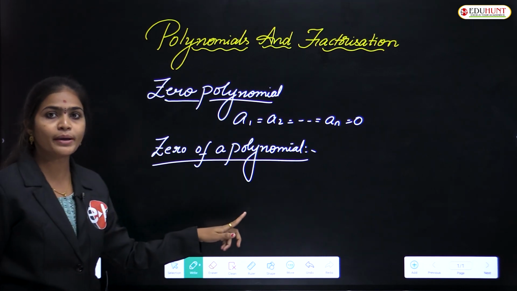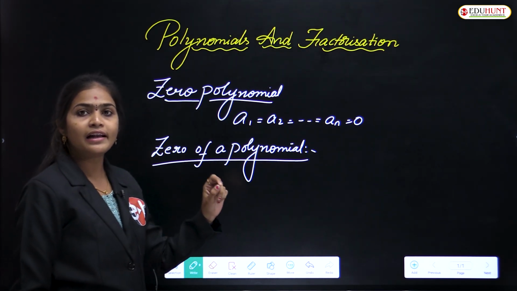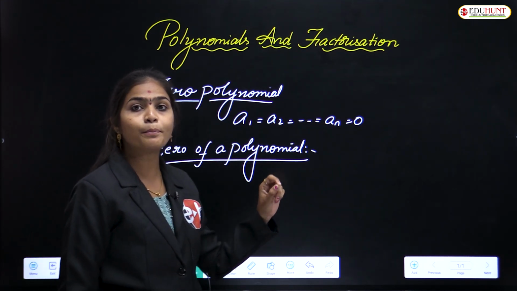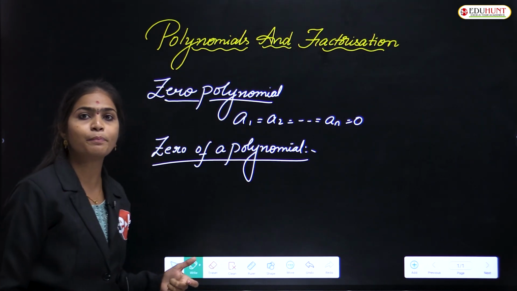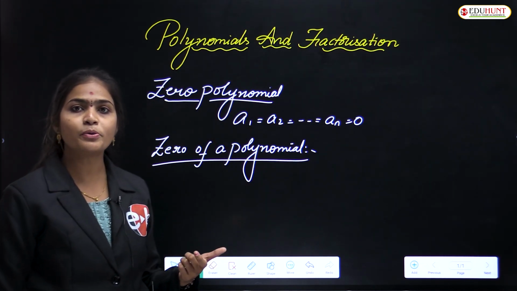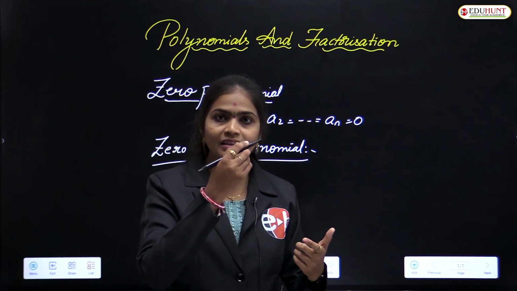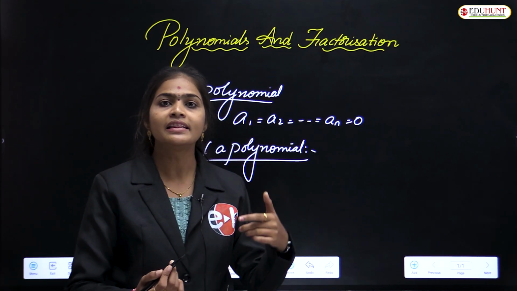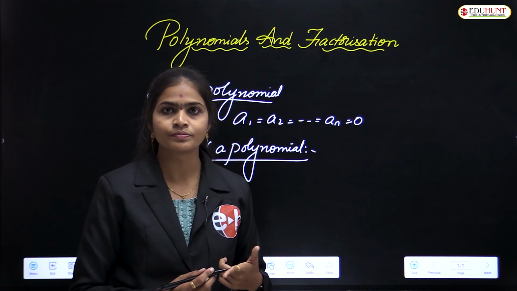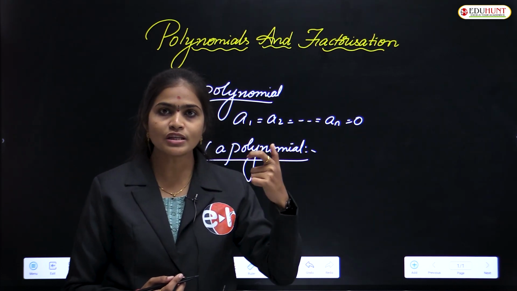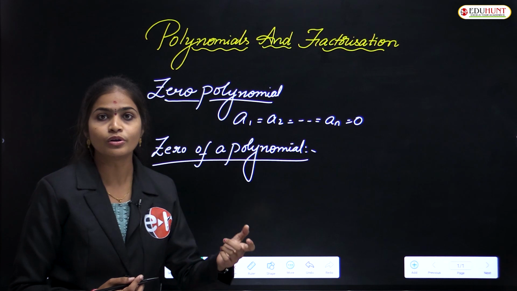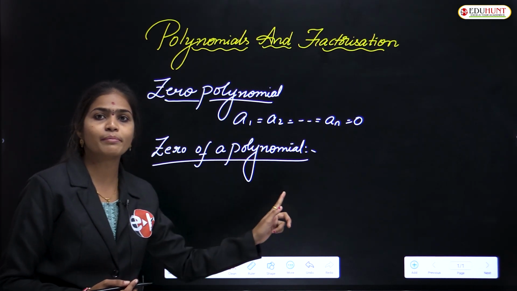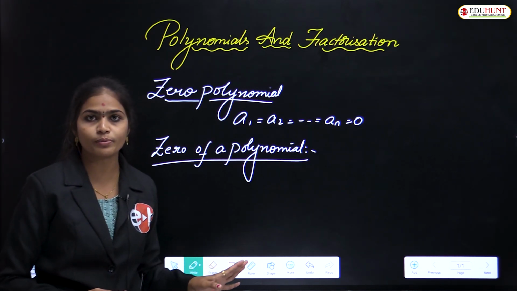Now zero of a polynomial means the possible values of the variables which satisfy the polynomial. Which satisfies the polynomial means after substituting that value in the polynomial, we will get its value as 0. Okay, so the values we substitute to get that polynomial as 0, those values we will call zeros of a polynomial.